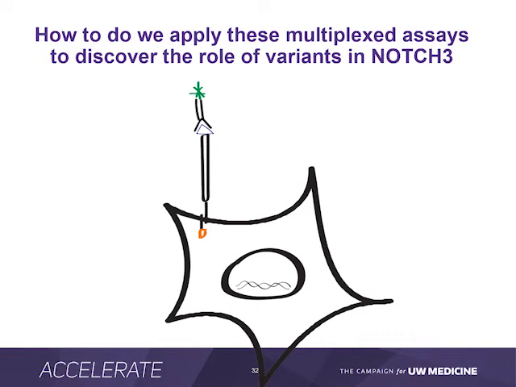And then maybe this Notch 3 has a mutation in it, and it gets stuck in one of those exporting pathways. And so therefore, this antibody wouldn't have anything to bind to. This cell would be green, this cell wouldn't. We can separate that using a machine called a fluorescent activated cell sorter, which is pretty awesome.